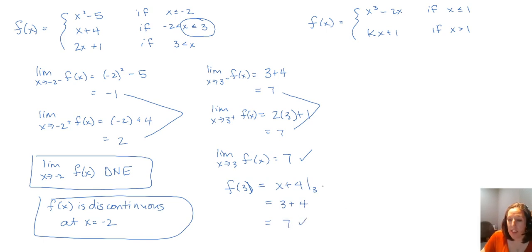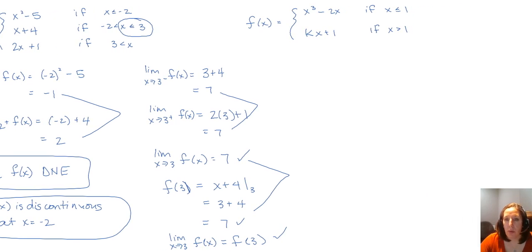That is a finite defined number, and the fact that those two are the same means that it satisfies the last criteria, and that is that our function evaluated at that value is equal to the limit. So that means that our piecewise function here would be continuous at x equal 3. The only discontinuity this function would have would be at x equal negative 2.